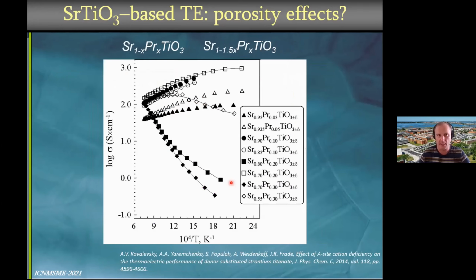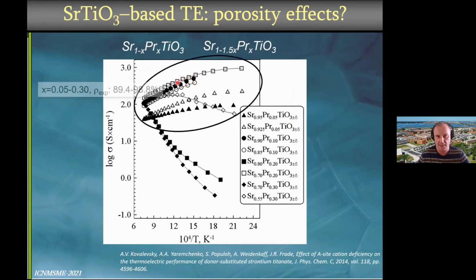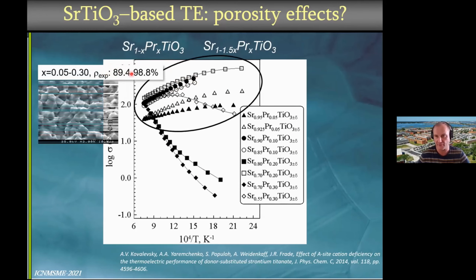Well, let's take a look at another example, praseodymium-substituted strontium titanate. Again, this behavior is typical for materials which have reasonable density. Reasonable, I mean, for those who want to work with dense materials, so around 90 percent and above.